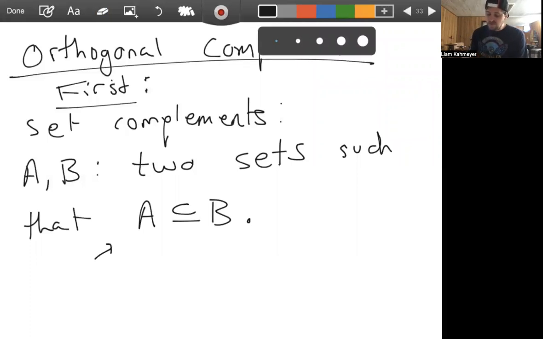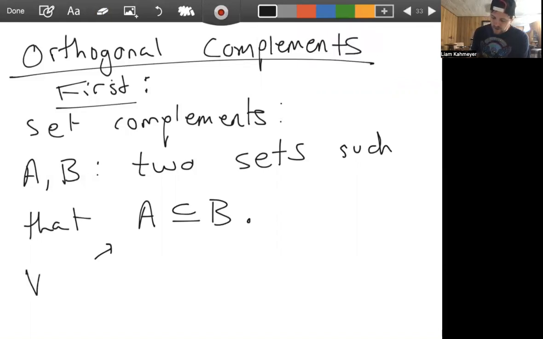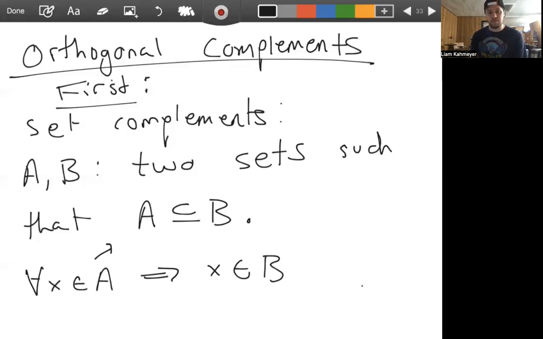This means for every element X in A, this implies X is an element of B, right? That's the logical statement here. That's what it means to be a subset. It means if you have a point in A, then it's necessarily a point in B.